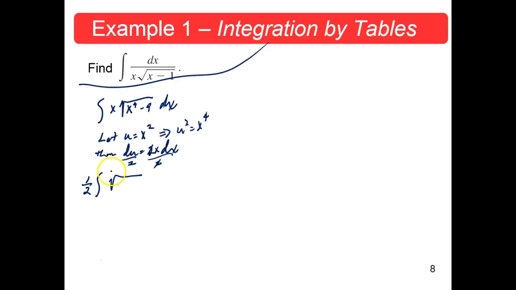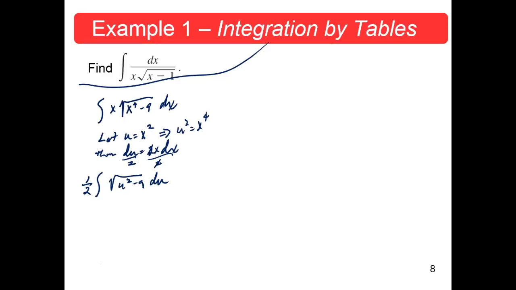So what we would have then is the square root of u squared minus 9 du. Wouldn't it? Now, that is exactly what 26 is, or sort of close to it, right?